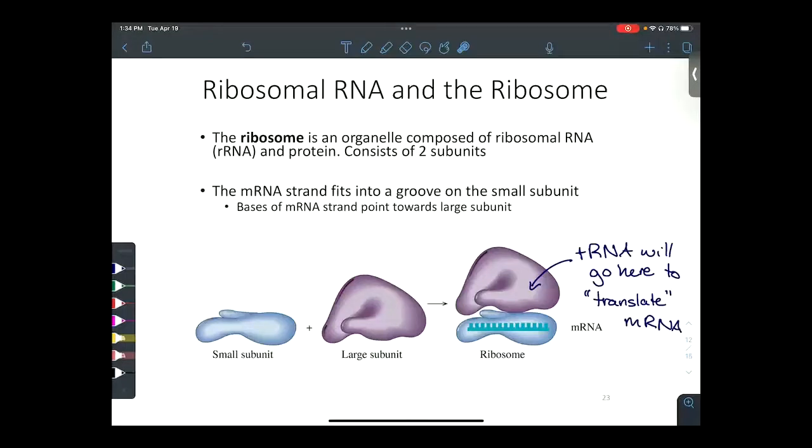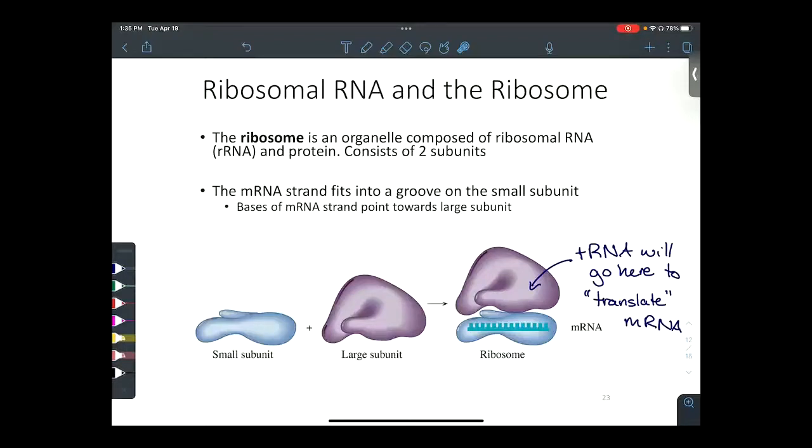Note that I'm not actually showing any RNA strands here. Typically, ribosomes and ribosomal RNA are shown as these little funny hands. It's just a place for the mRNA and tRNA to come together and actually build the protein that we want.